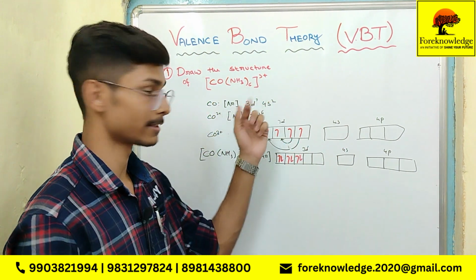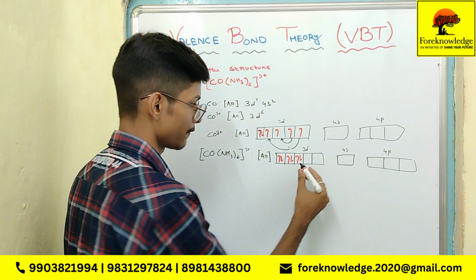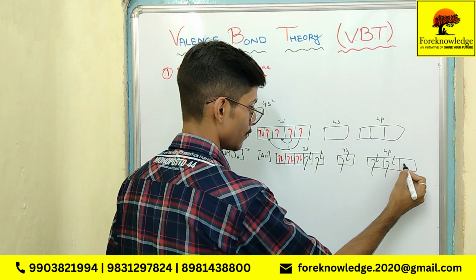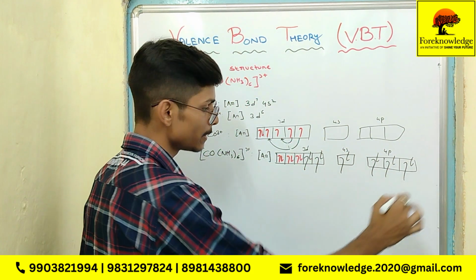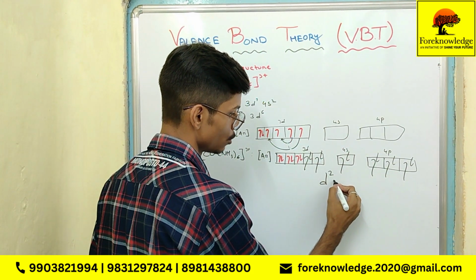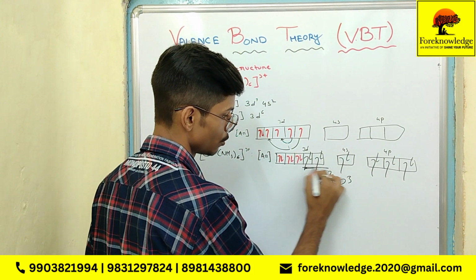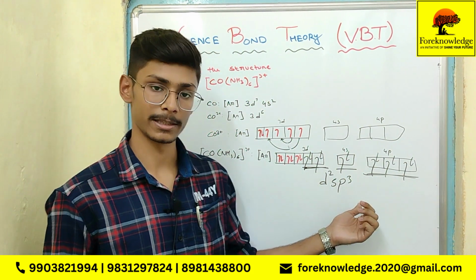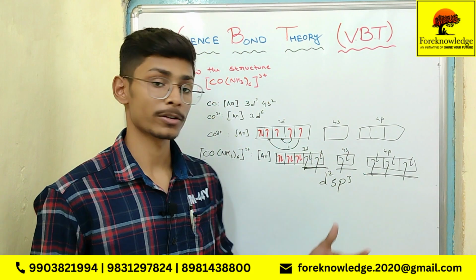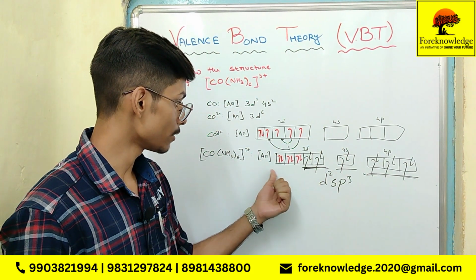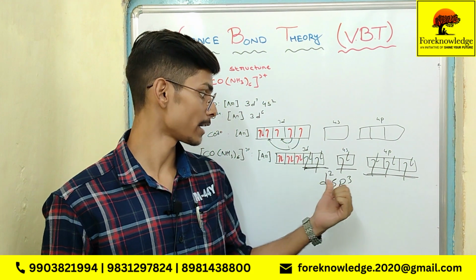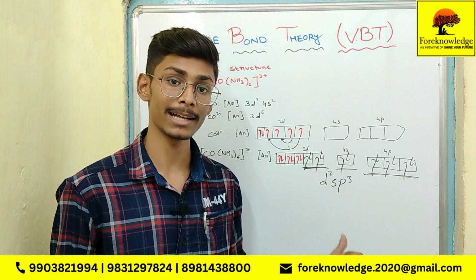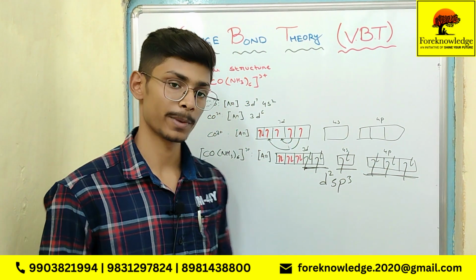So here NH3 6. So you need 6 cells. So I am filling it up. 1, 2, 3, 4, 5, 6. So what will be this hybridization? Hybridization will be d2sp3. So its hybridization will be d2sp3, and the name of the structure will be octahedral, and what will be its magnetic moment? Similarly, no lone pair are present, so its magnetic moment will be 0. Similarly, it will be a colorless compound and it will be a diamagnetic compound because no lone pair are present.